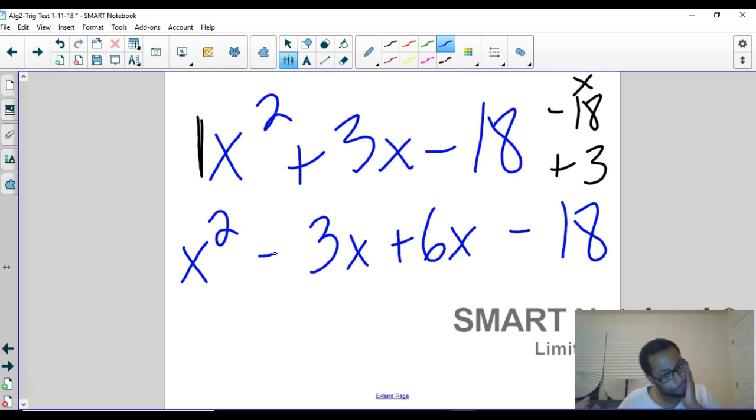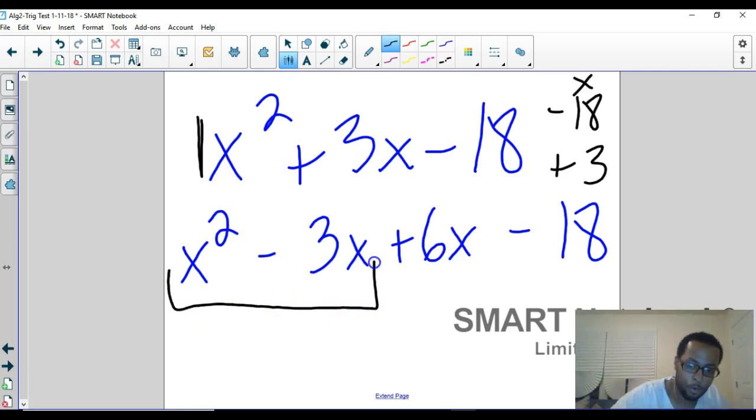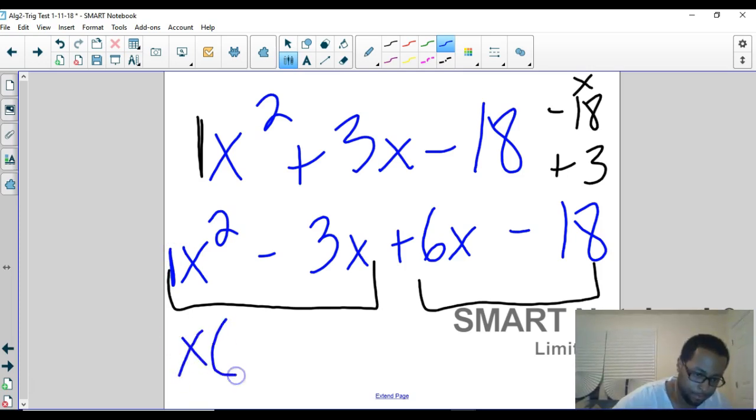Okay? Based on this, I'm going to group them again. Group. Group. And then I'm going to factor out the greatest common factor. So I know that there's a 1 here, so the numbers don't work. I know they both have an x, so I know this is an x. I'm going to divide by x. I'm left with x. Again, divide by x. I'm left with minus 3.